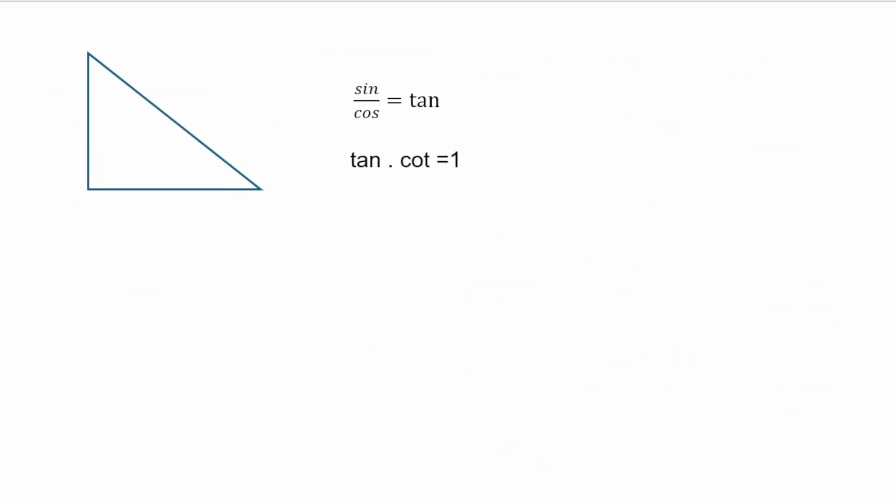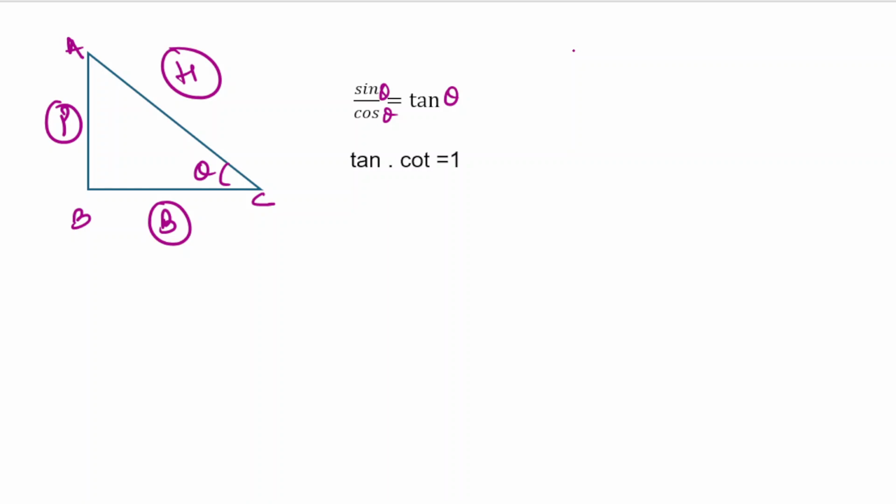Now what do we have? We have A, B, C as a right angle triangle with angle theta, so this is your perpendicular, this is your base, and this is your hypotenuse. Now we know that sine theta is perpendicular upon hypotenuse, and cos theta is base upon hypotenuse.